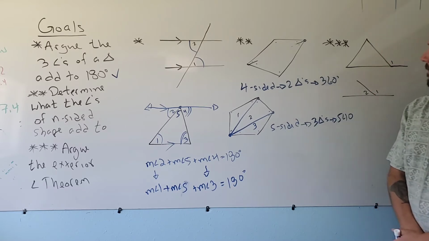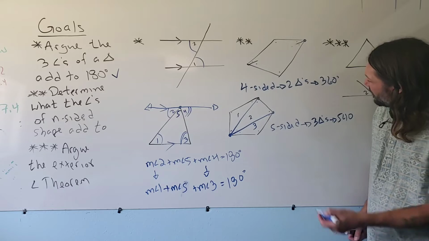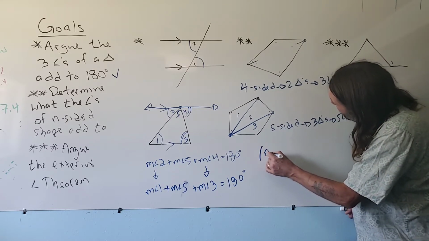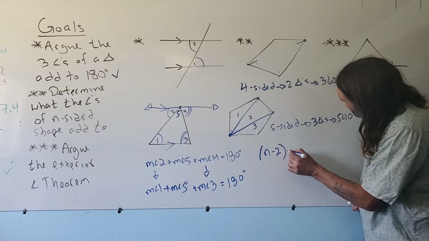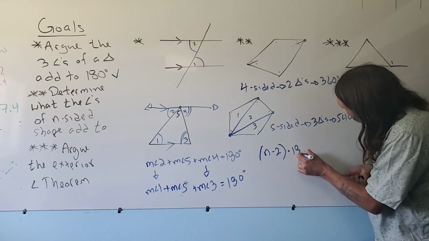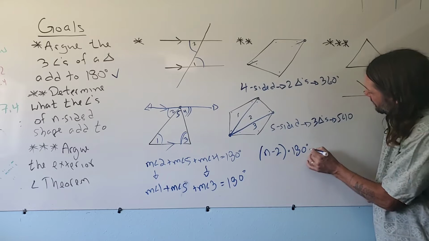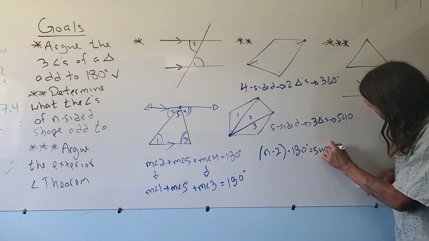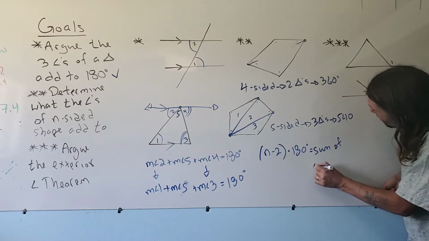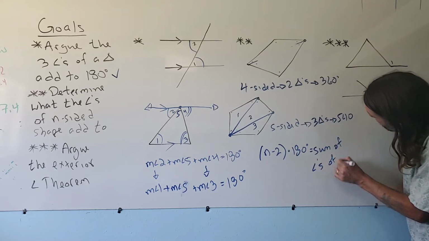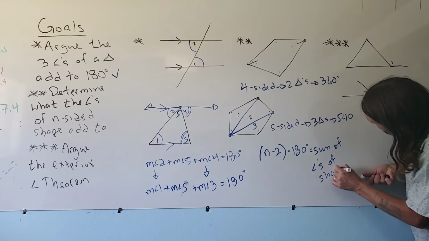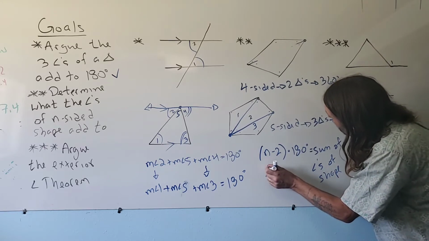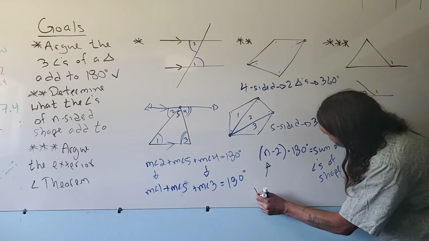But anyways, a very simple formula falls out of this, where you can say that n minus 2 times 180 degrees is equal to the sum of the angles of the shape. Now, n is how many sides?